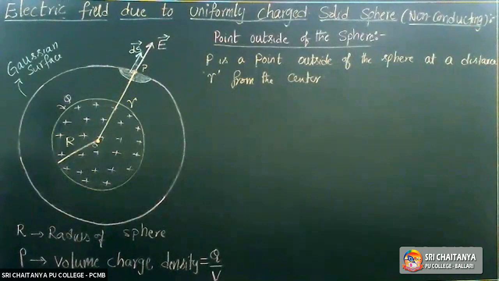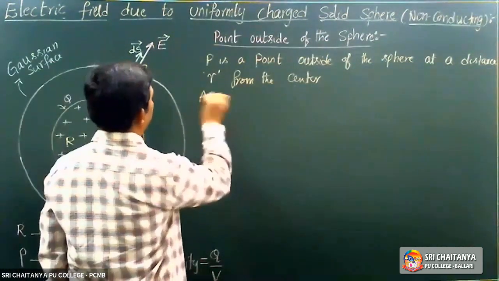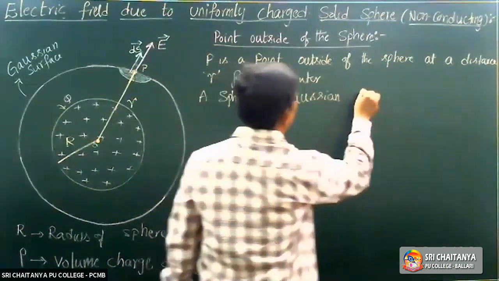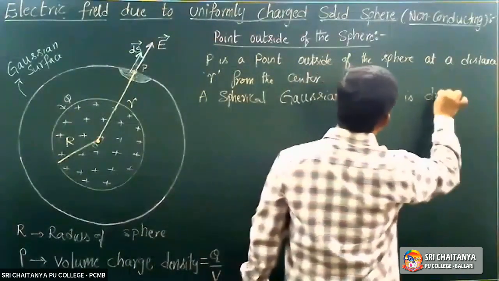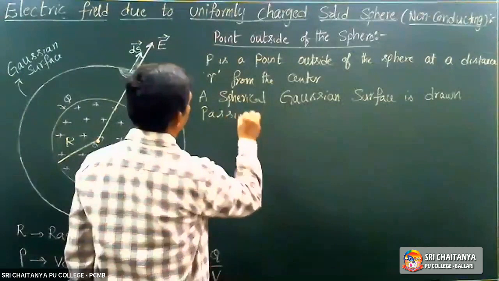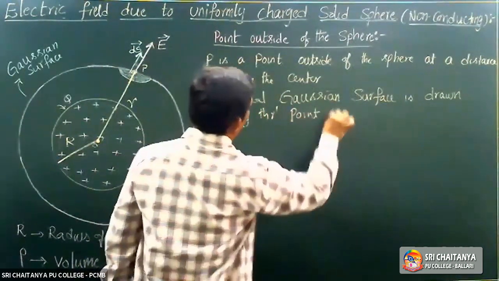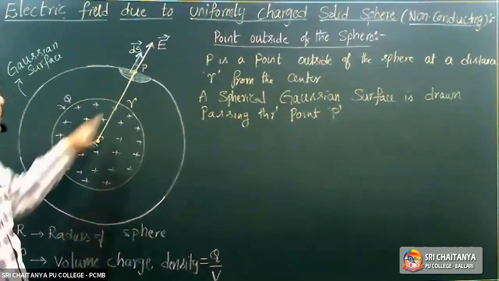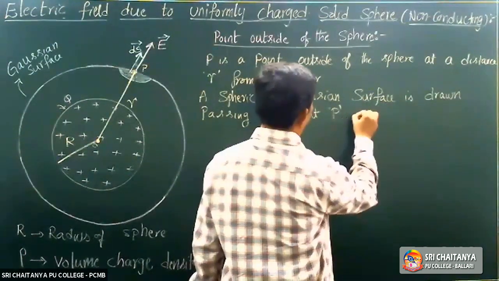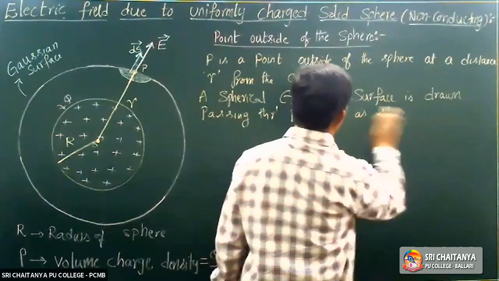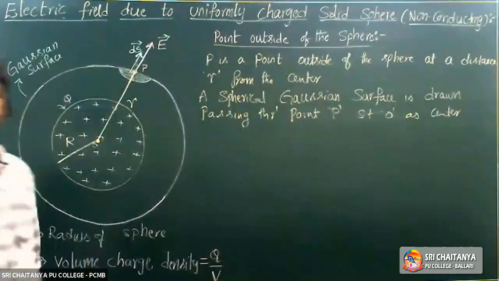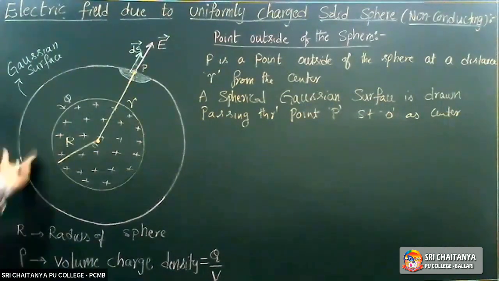A spherical Gaussian surface is drawn just passing through point P, with O as the center, as shown in the figure.